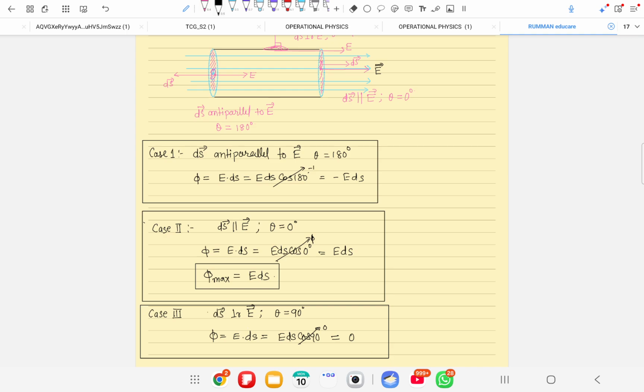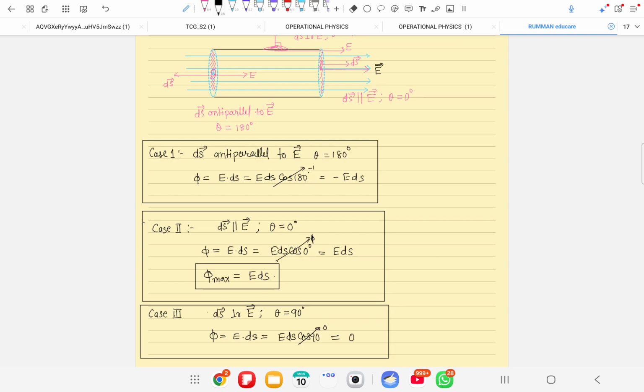So the maximum flux across the cylindrical region is when the area vector is parallel to the electric field, and the negative flux, minus E ds, is when ds vector is anti-parallel to the electric field, that is, the angle between the area vector and electric field is 180 degrees. And zero flux passes through the curved surface of the cylinder.